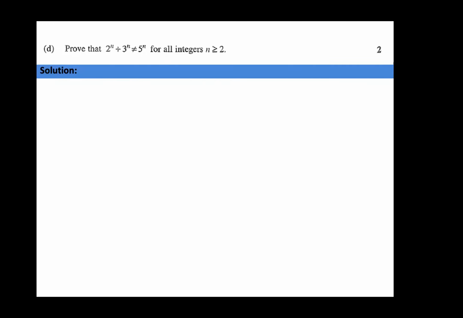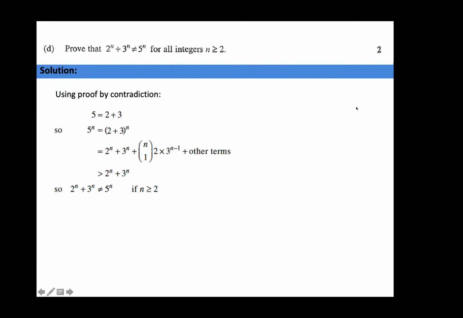For part D, we had another proof, but this time it was prove that 2 to the n plus 3 to the n does not equal 5 to the n for all integers n greater than or equal to 2. Now, proof by contradiction was probably the easiest and most straightforward.